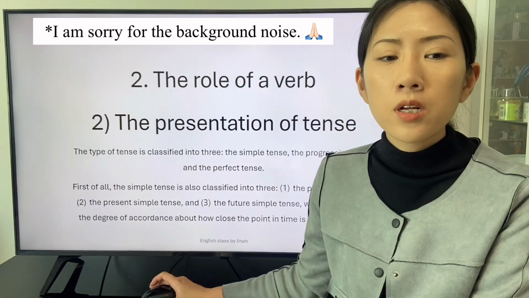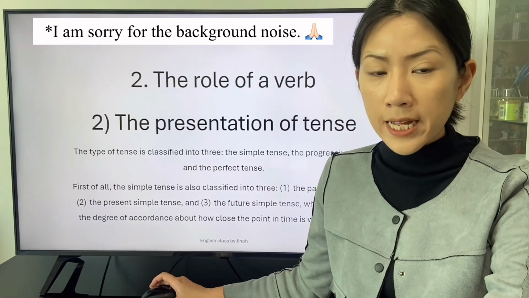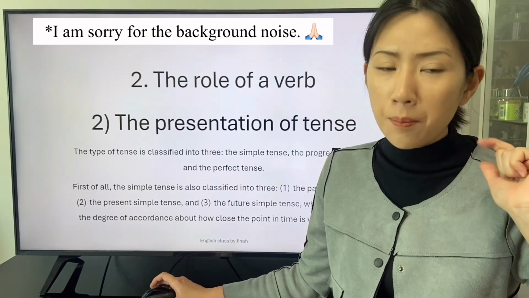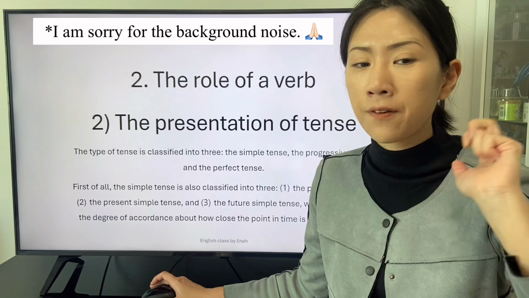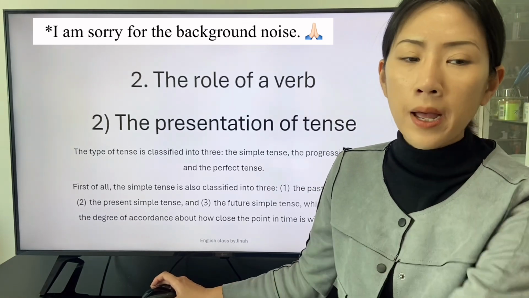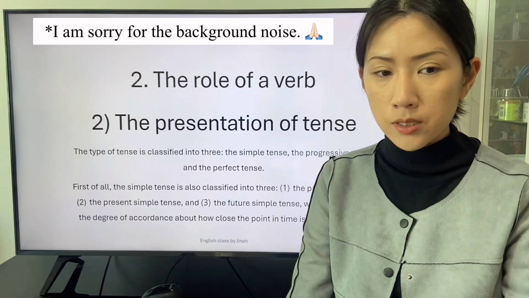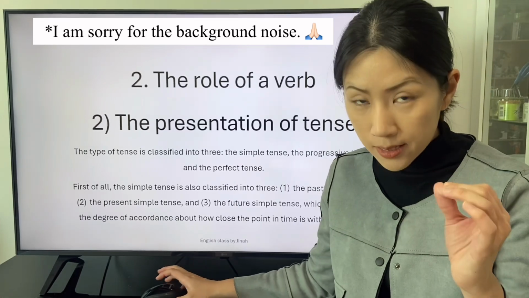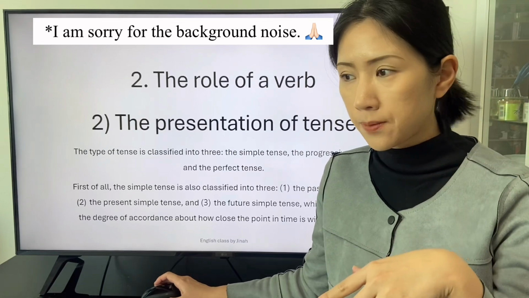First of all, the simple tense is also classified into 3: the past simple tense, the present simple tense, and the future simple tense, which is judged by the degree of accordance about how close the point in time is with the present.